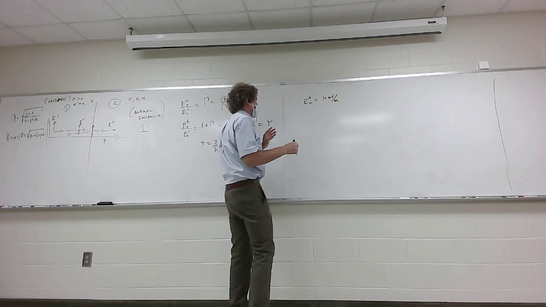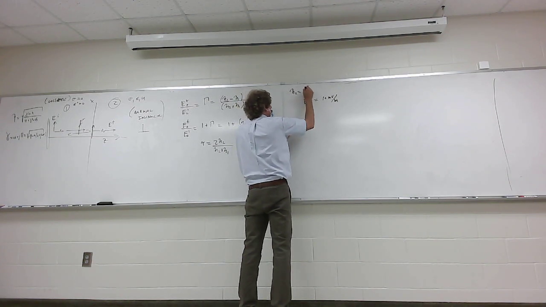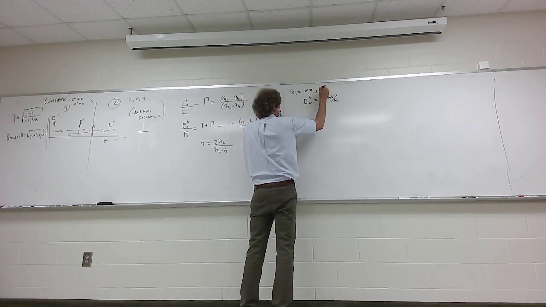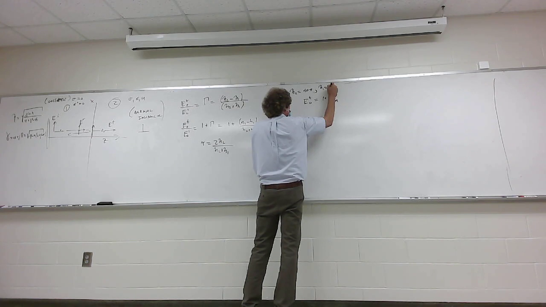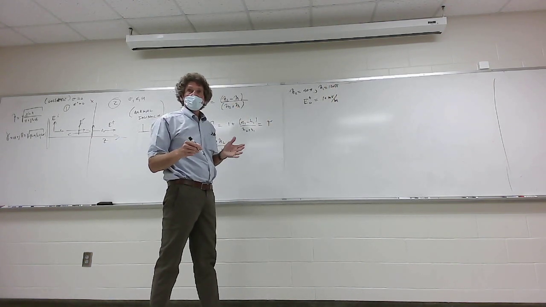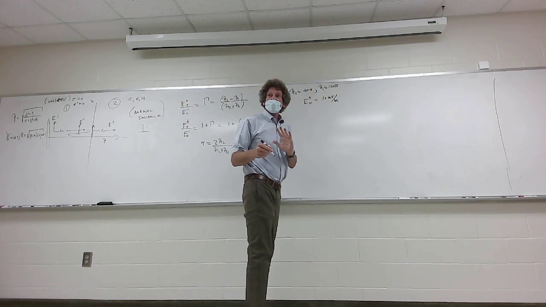And now I'm going to make my life easy. I'm going to say that eta 2 is equal to 40 pi, and eta 1 is 120 pi. I've done the calculations for you.